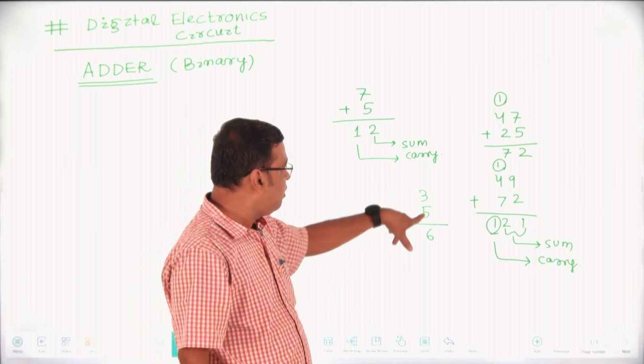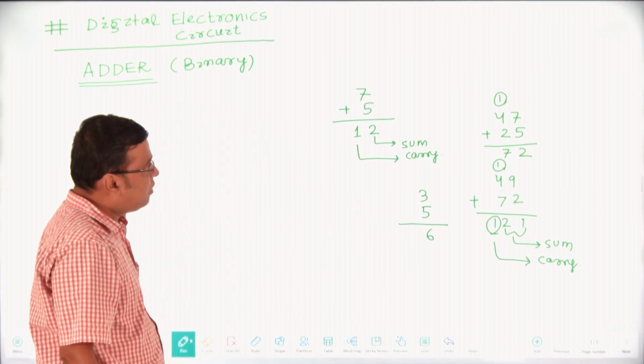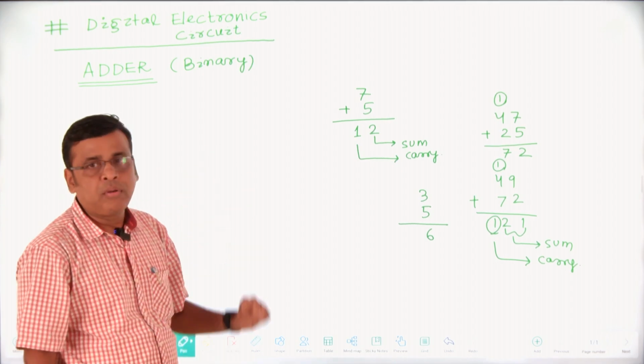So in case of adders, there are 2 types. One is the half adder, another one is the full adder. What is a half adder and what is a full adder?